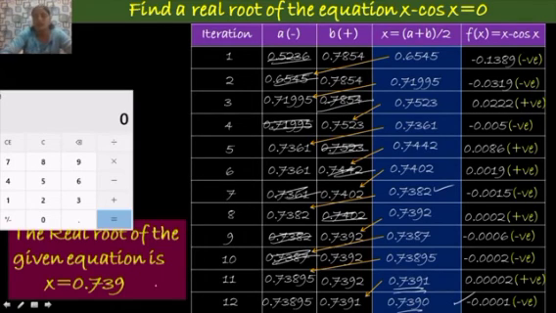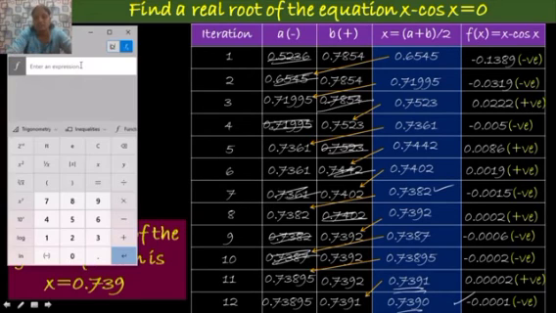Let me show you how the graph of the given equation looks like. Now, x minus cos x, isn't it?